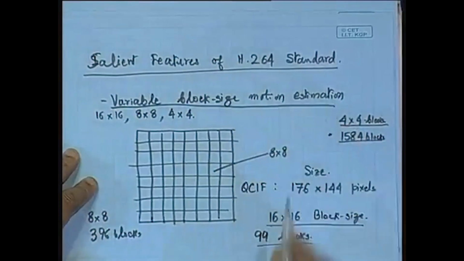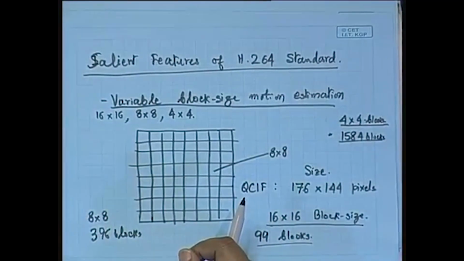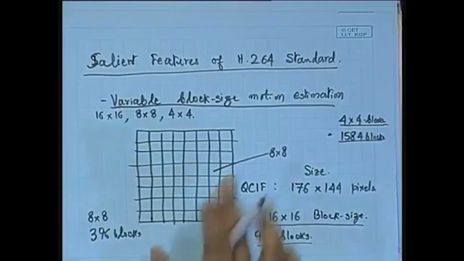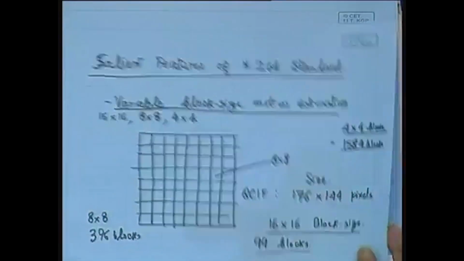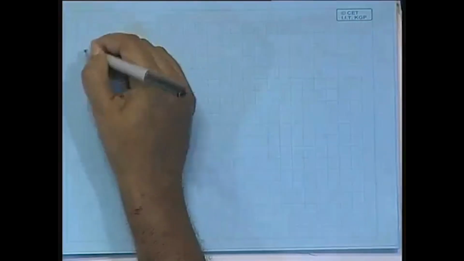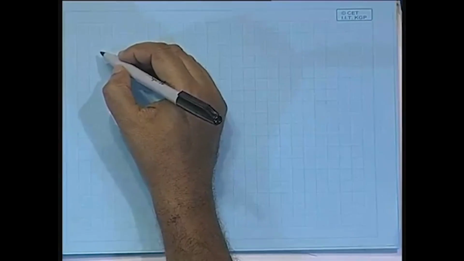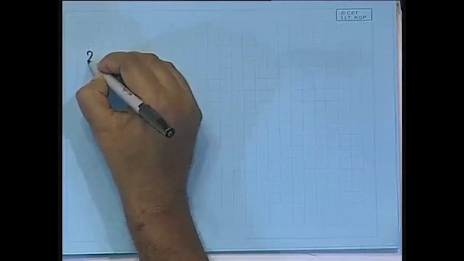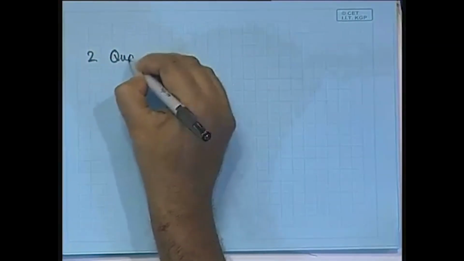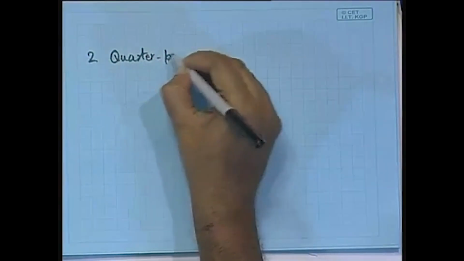This is one advantageous feature which was not there in the earlier versions of the standards, it is there in H.264. Then there is another aspect, and that is quarter pixel accuracy motion estimation. So, the second feature of H.264 is quarter pixel accuracy motion estimation.